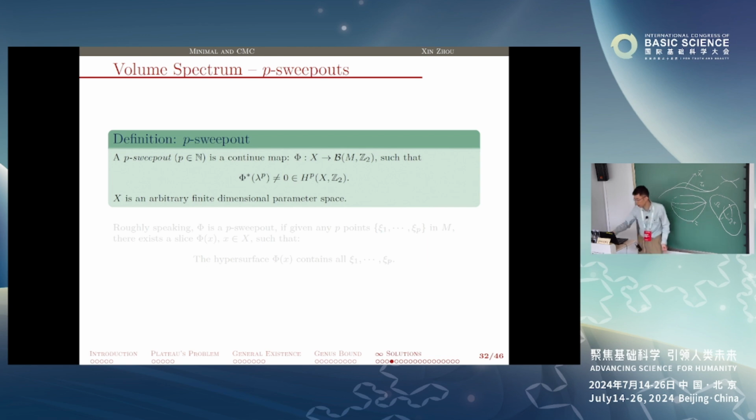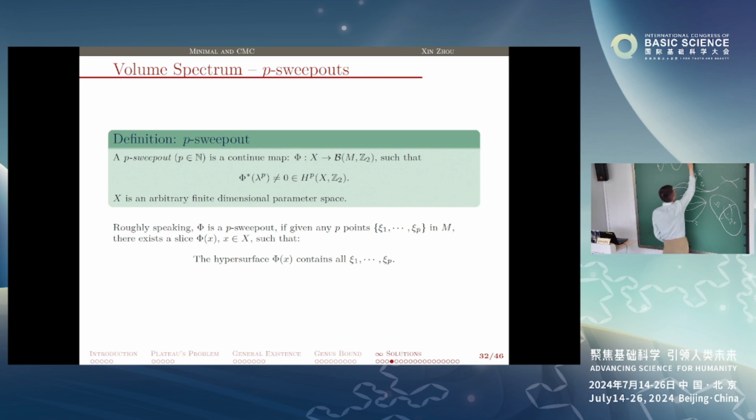Roughly speaking, there's a geometric way of describing that. Suppose that given any p points inside the manifold, I were able to identify a particular parameter so that the hypersurface contains all of the p points. I call this a p-parameter family of p-sweepout.